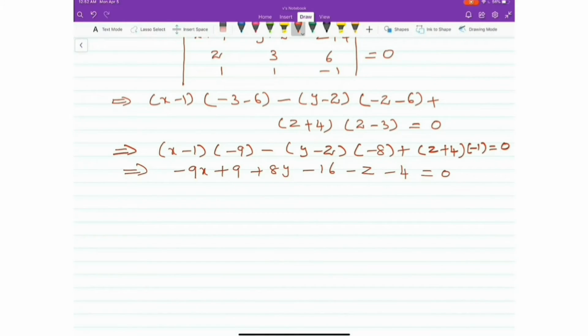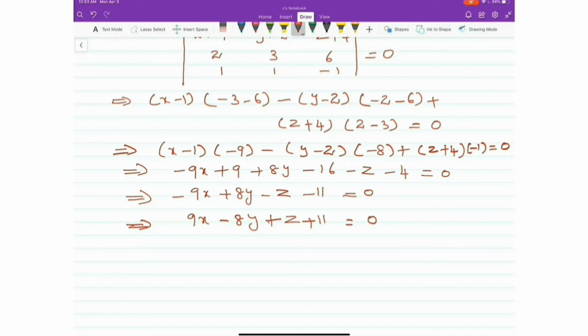When I simplify this further, I will be getting minus 9x plus 8y minus z, then I will have 5 minus 11 equal to 0. Multiply throughout by minus 1, I will be getting 9x minus 8y plus z plus 11 equal to 0.